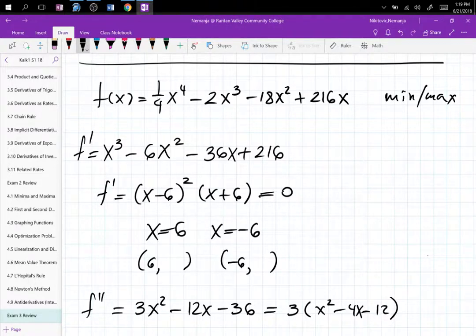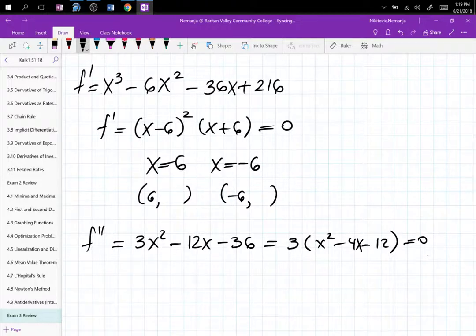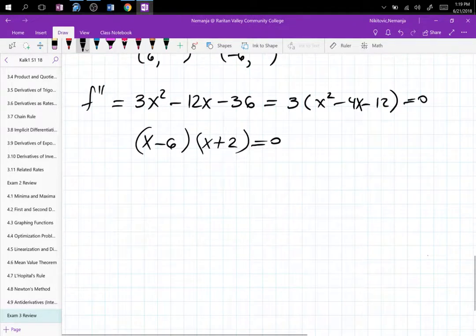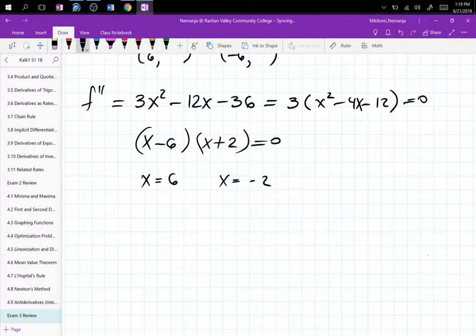So you have this. And when you set this equal to 0, you will find inflection points, and it will be easy for us. So how about x - 6 and x + 2 as factors. So x is equal to 6 for an inflection point, and x equals negative 2.